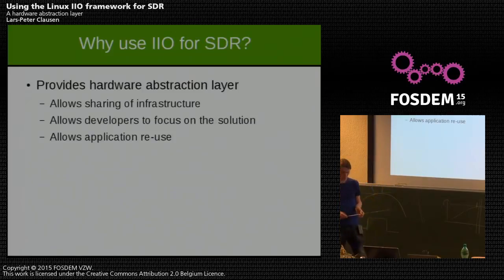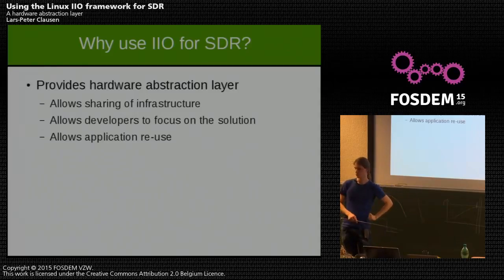What the IIO framework defines is a common lower level API which abstracts away the hardware, the actual register access to the hardware. So you get a common API or ABI that you can develop your applications against. And I think we've seen this in some of the talks before.